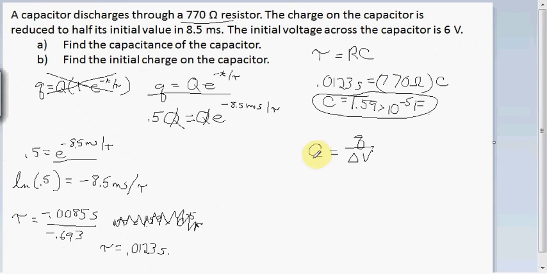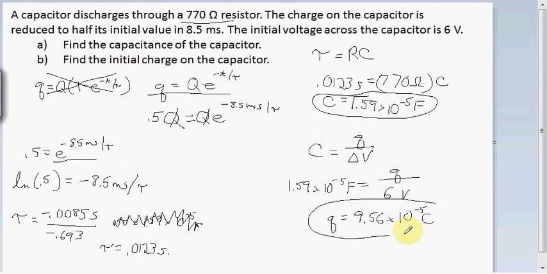And so in this case, I know my capacitance is 1.59 times 10 to the minus fifth farads. Q is what I'm trying to find, and delta V is 6 volts. And this gives me Q is equal to 9.56 times 10 to the minus fifth coulombs. And so that's our answer to part B. And we're done.